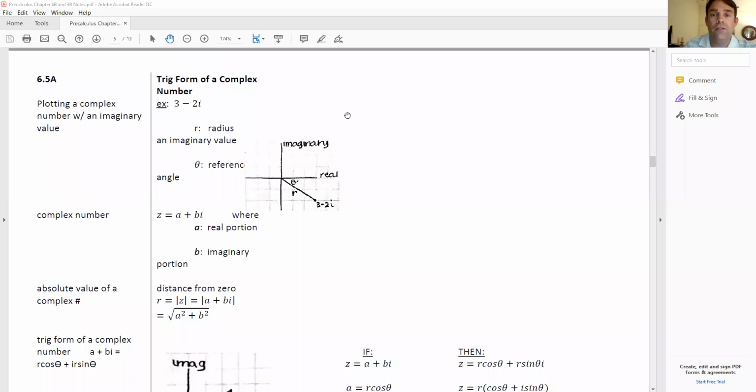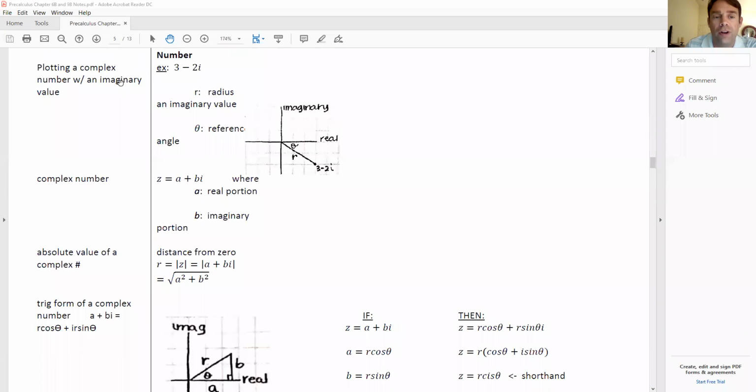So we are going to continue going through this final hodgepodge chapter here with complex numbers and trigonometry. We talked about complex numbers back at the beginning of the year, and how everything is based on a complex number system.